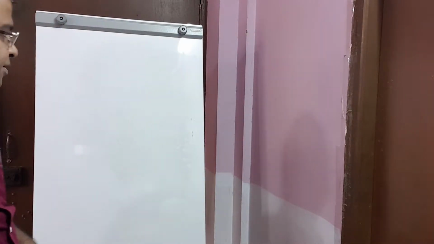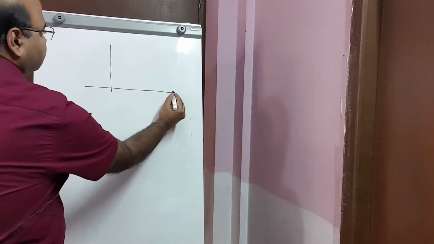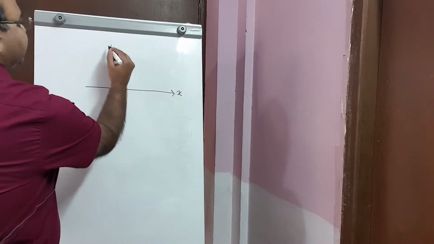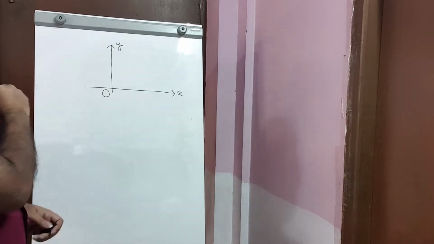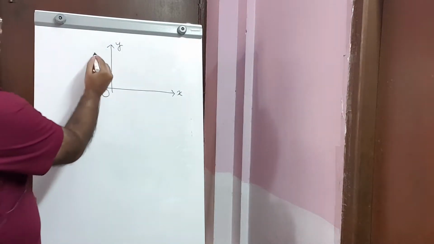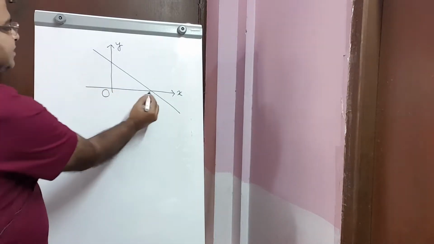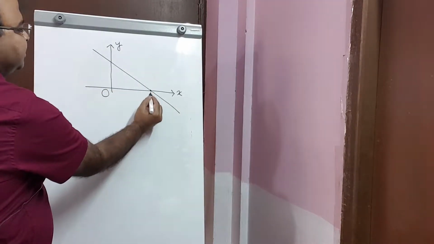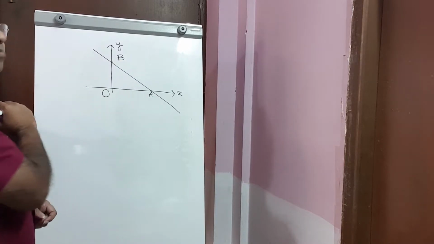Say this is our axis frame here. This is the x-axis, this one is the y-axis, this point being the origin, and let us draw a line which intersects the x-axis at some point, say A, and the y-axis at some point B.